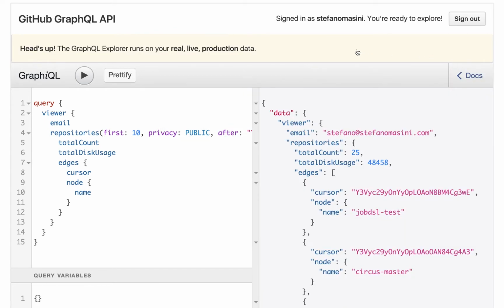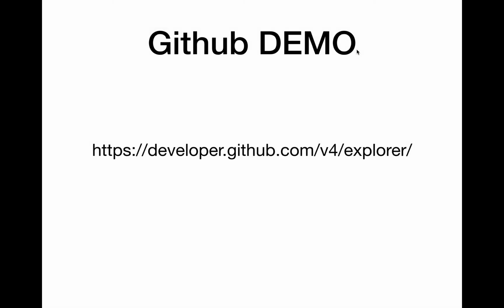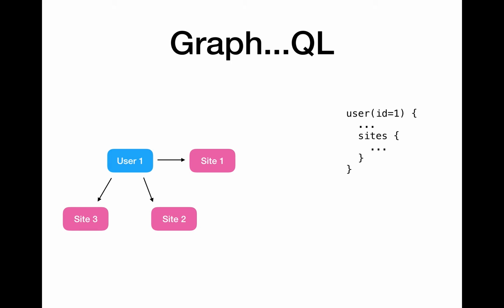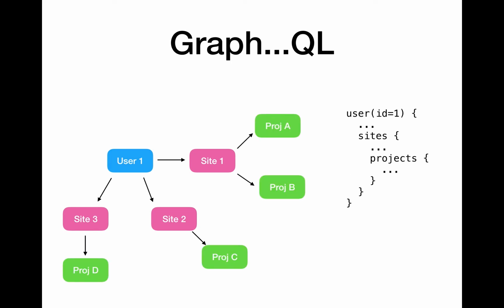So let's go back to the slides. Let me tell you why it's called GraphQL. As an example, we're querying a user, and then the sites for that user, and then the projects that belong to those sites. And then maybe in our example, we have the concept of users that collaborate on that project.